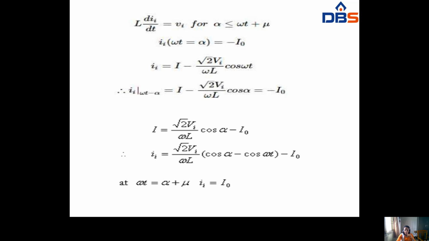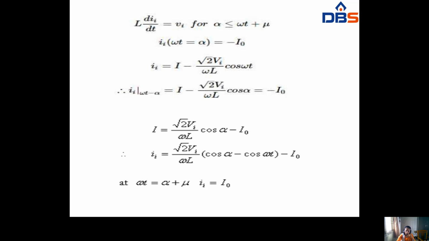From the figure, we take the equation L di/dt equal to Vi for alpha less than or equal to omega t less than or equal to alpha plus mu, and Ii at omega t equal to alpha equals minus I naught. So here Ii equals I naught minus root 2 Vi divided by omega L times cos omega t.